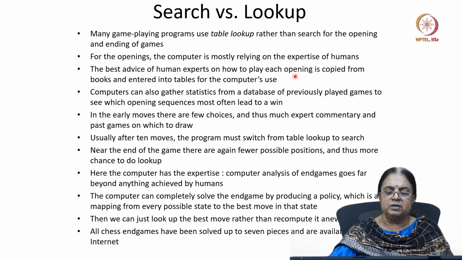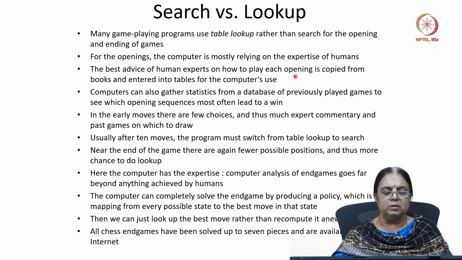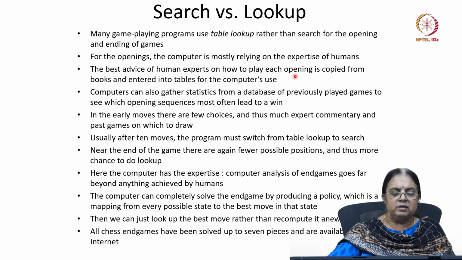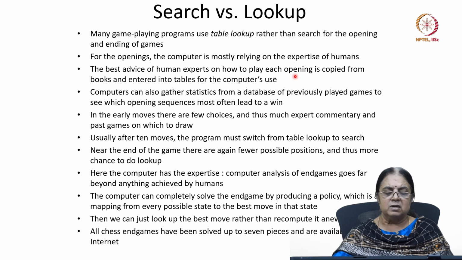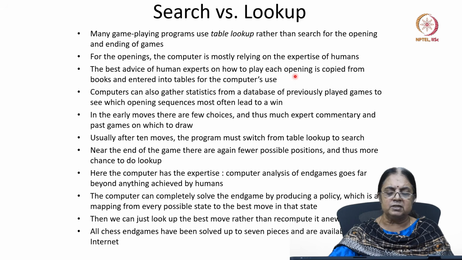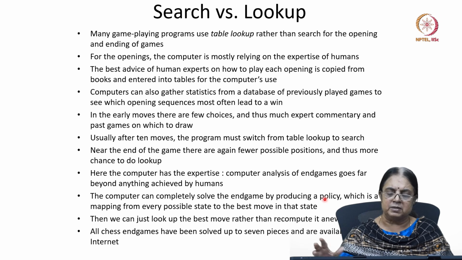So you have a policy where it says if this is your particular configuration, then this is the possible move that you can make. So you can again have a table lookup. And it is found that all chess endgames have been solved up to 7 pieces, up to the last 7 pieces. They are available on the internet, and can be used like a table lookup basically.